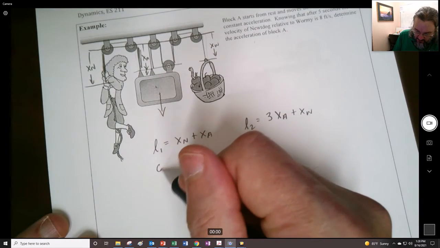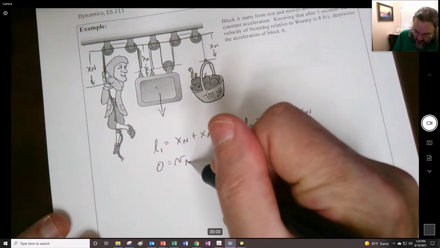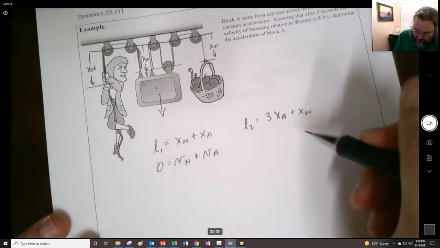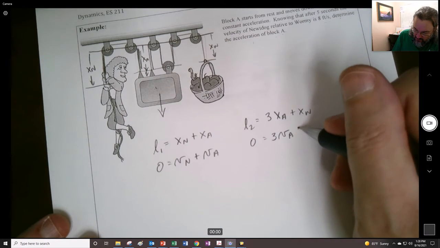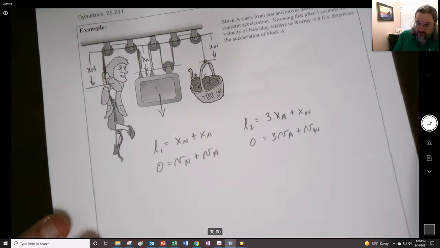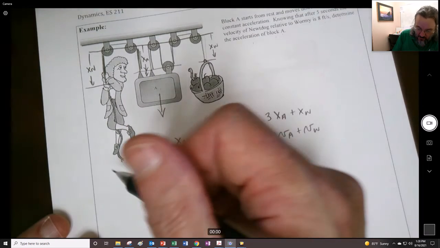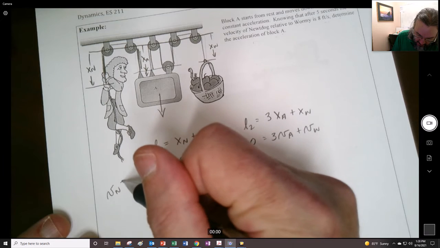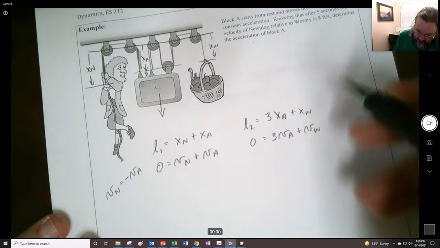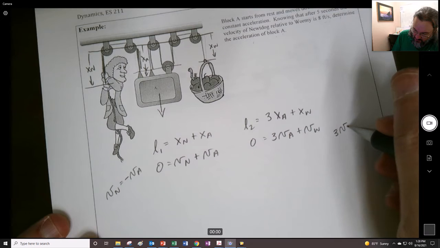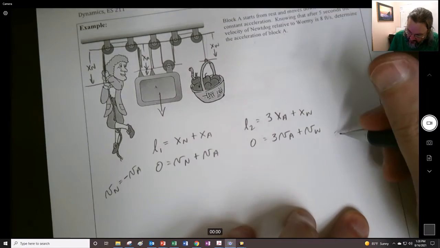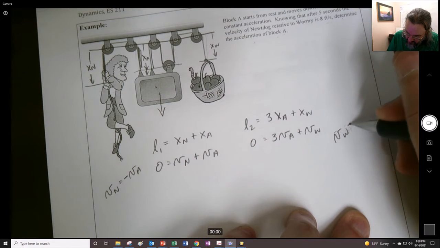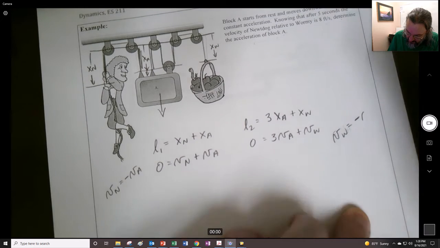So if we take the time derivative of these, we get vn plus va equals 0, and 3 va plus vw equals 0. Which, by the way, we note that vn is equal to negative va, and that vw is equal to negative 3 va.